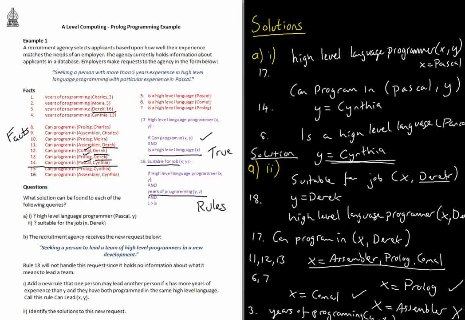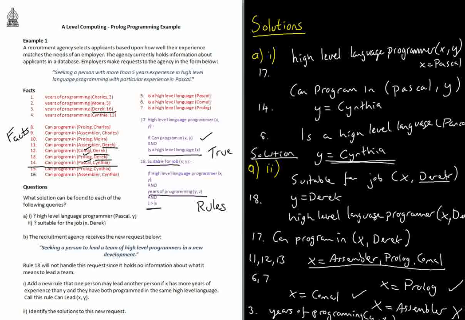And then finally, we've got this check here. Is Z greater than 5? Well, 16 is greater than 5. So let's write that down. 16 is greater than 5. That is true. So the answer to the question is yes.